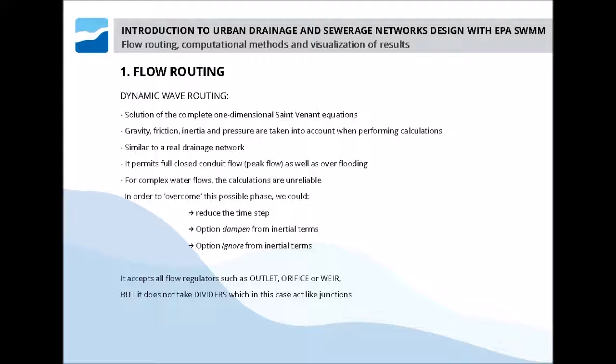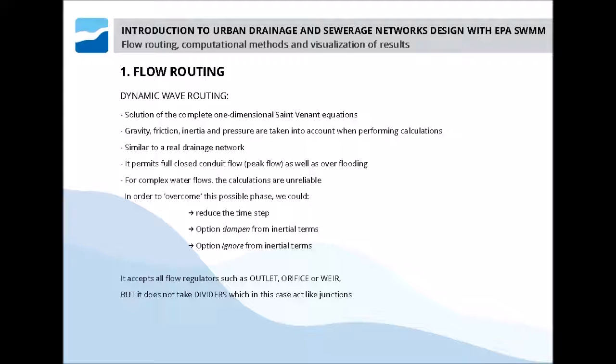The dynamic wave routing obviously accepts all flow regulators, such as outlets, orifices, weirs or pumps, but it does not admit dividers, which, in this case, act like junctions.